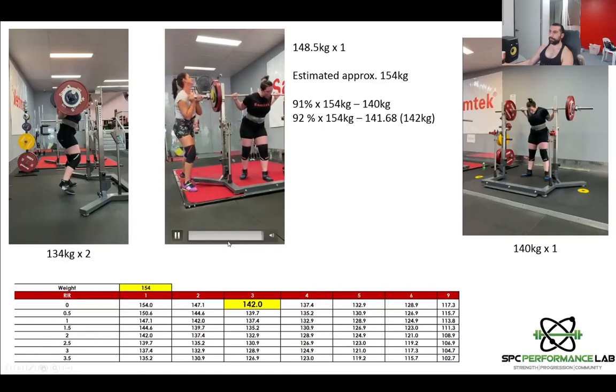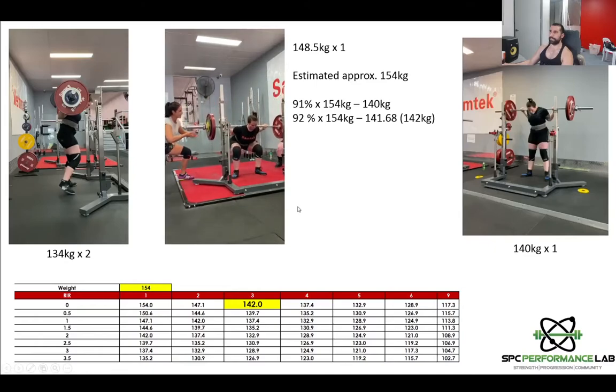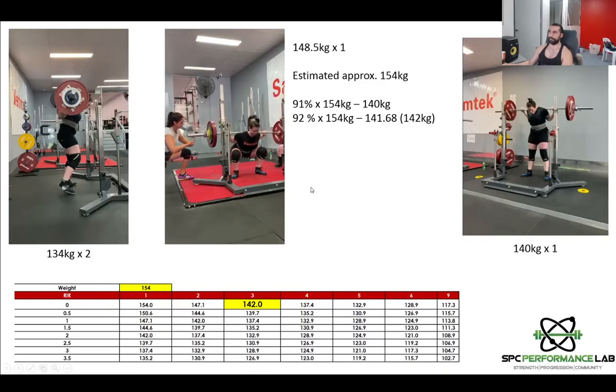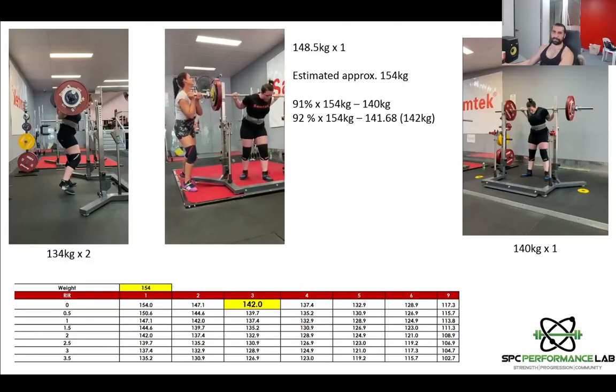It wasn't a grinder. It wasn't her max. If I had to predict what her 1RM is based off this video, I'd say she probably had about 5 to 7 more kilos from that lift. So if we be a bit more conservative and do 5 kilos rounded up on this 148.5, I'm going to estimate that her 1 rep max, according to this, is going to be about 154 kilos.